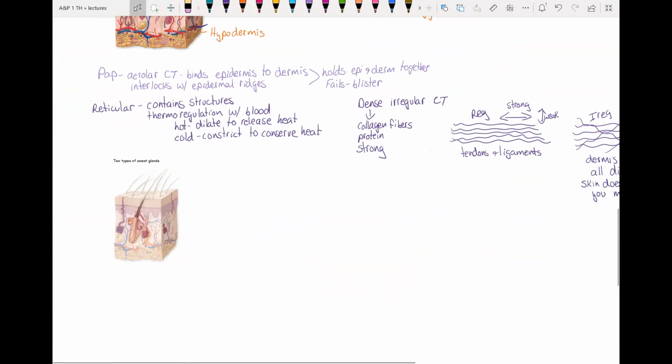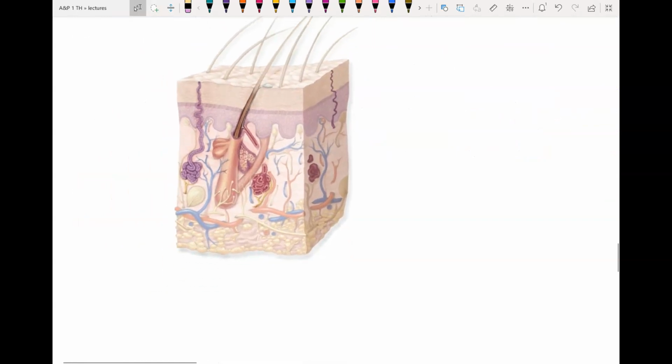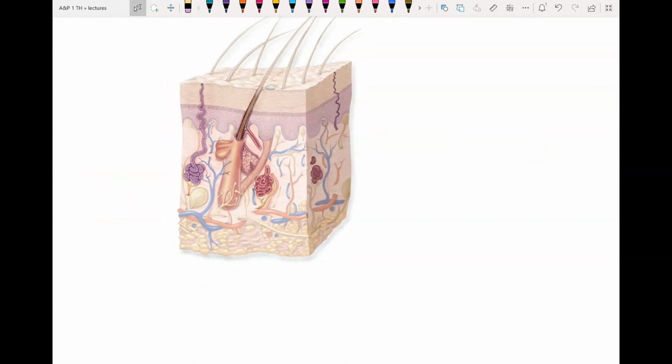Now let's go on and look a little more at sweat glands. Remember in the first picture I said there were two types of sweat glands, the merocrine and the apocrine. So we're going to compare these to each other now. The purple one here is a merocrine sweat gland. And notice it has a duct that goes to a pore on the surface of the skin.